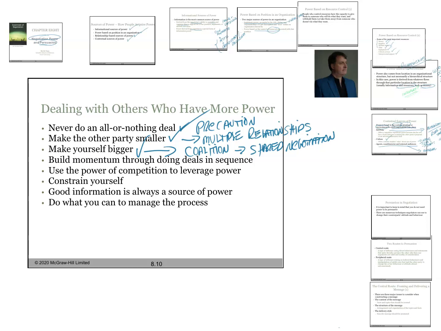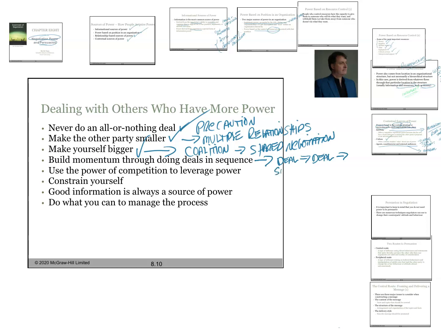The next one is building momentum through doing deals in sequence. That simply means doing one deal, then another, and you start to develop a rapport and a rhythm working with your opponent that slowly reduces the impact of the opponent's power, which normally has a more dominating effect in that negotiation.